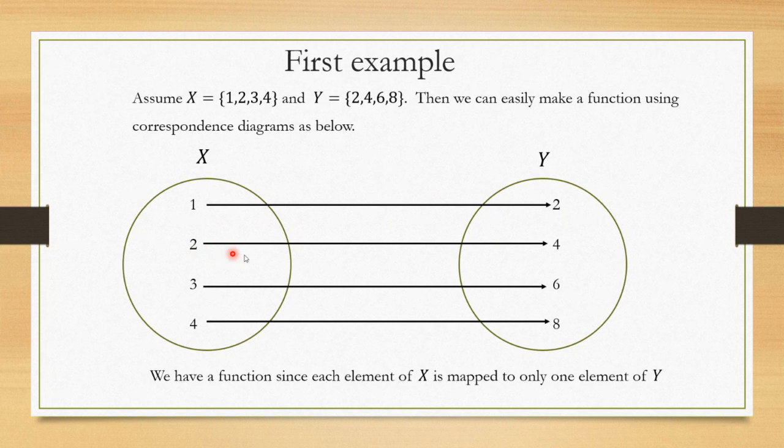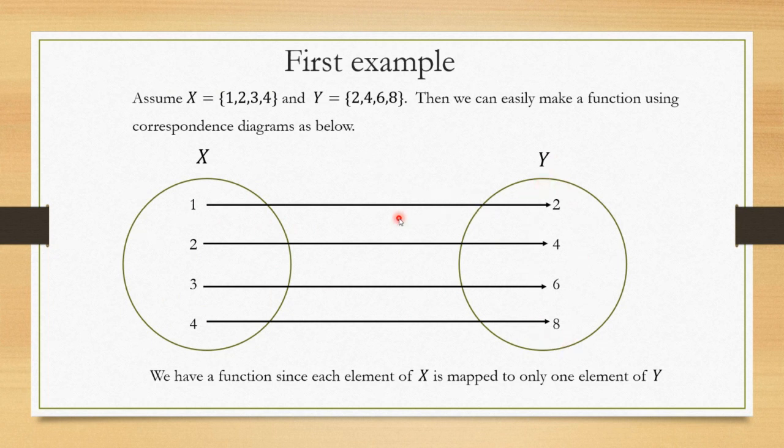Here, 2 is our input. The function is sending that to 4. 3 is our input. What comes out of the function is 6. So when 3 goes into the function, the output is 6. And 4 goes in, 8 comes out. So in this case, all of Y is the range. But normally that doesn't have to happen.